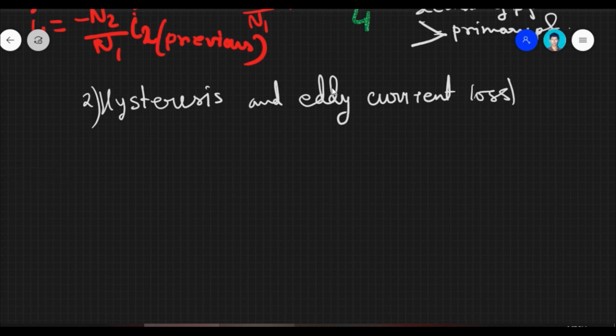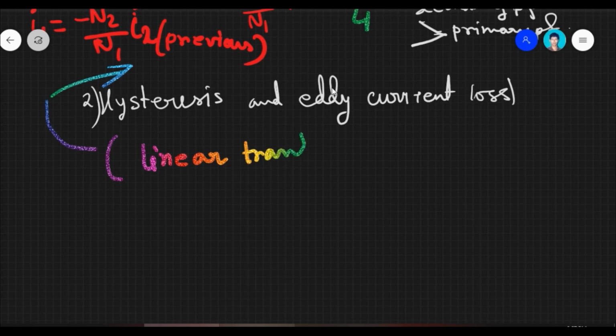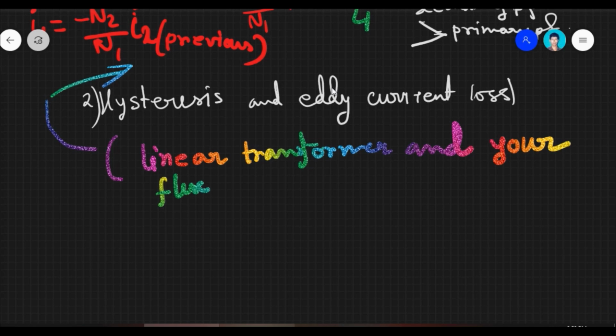That assumption, that we will leave unaltered, is basically that your transformer is a linear transformer, and your flux, what is happening here?